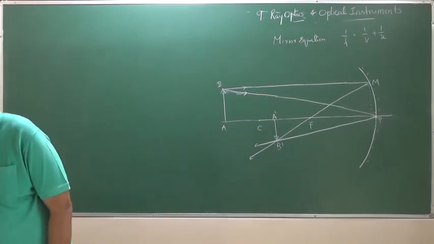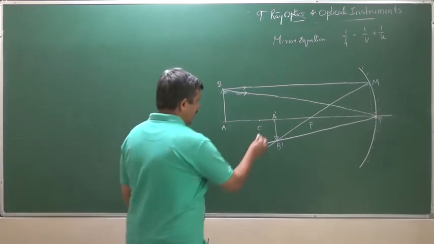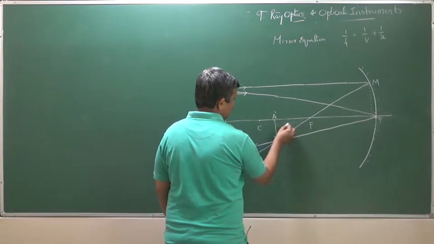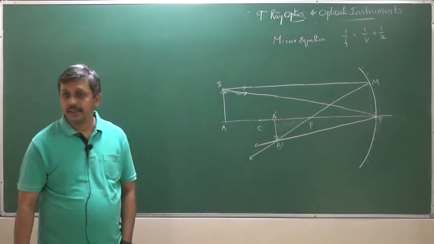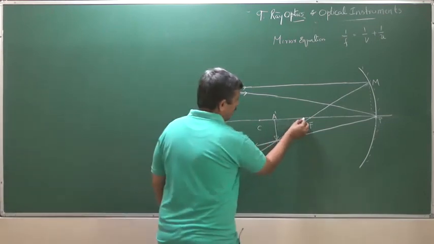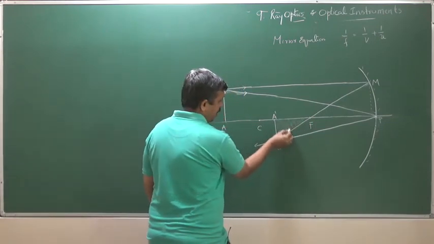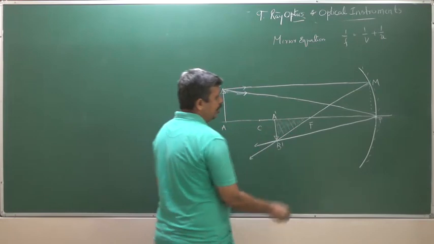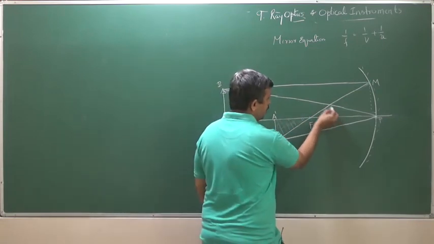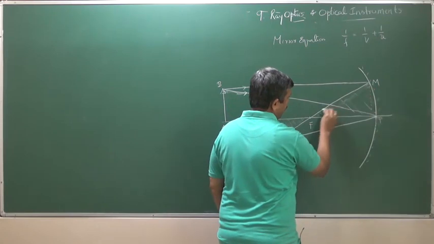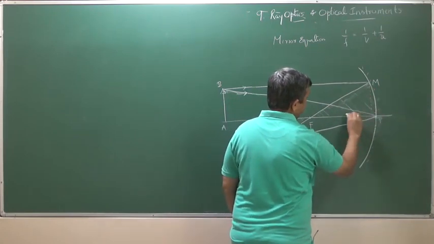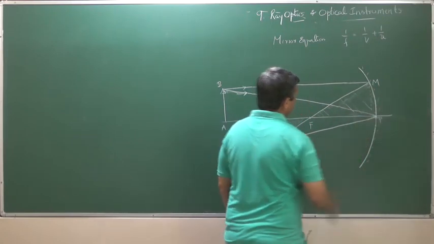For example, I will consider this triangle, and this triangle, this whole triangle. These two triangles I will consider.